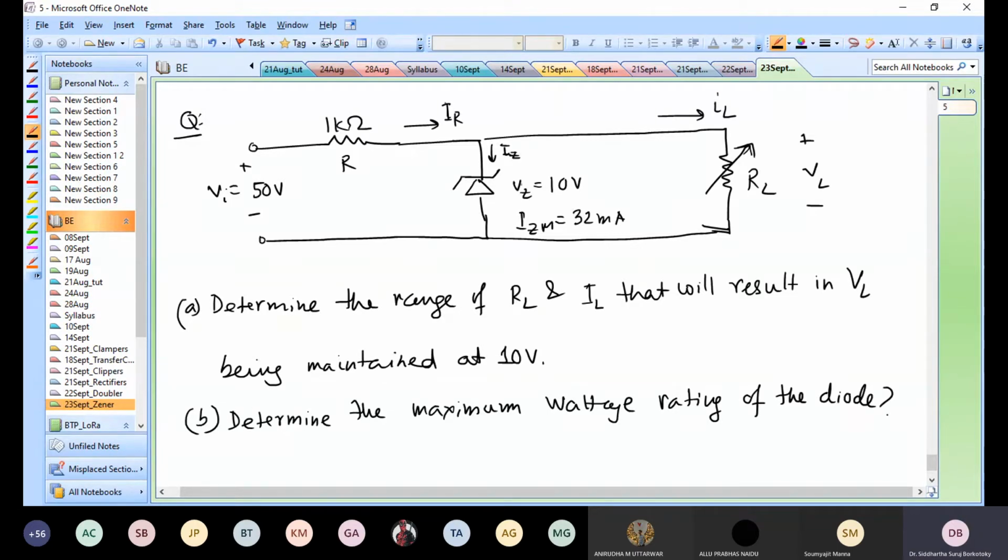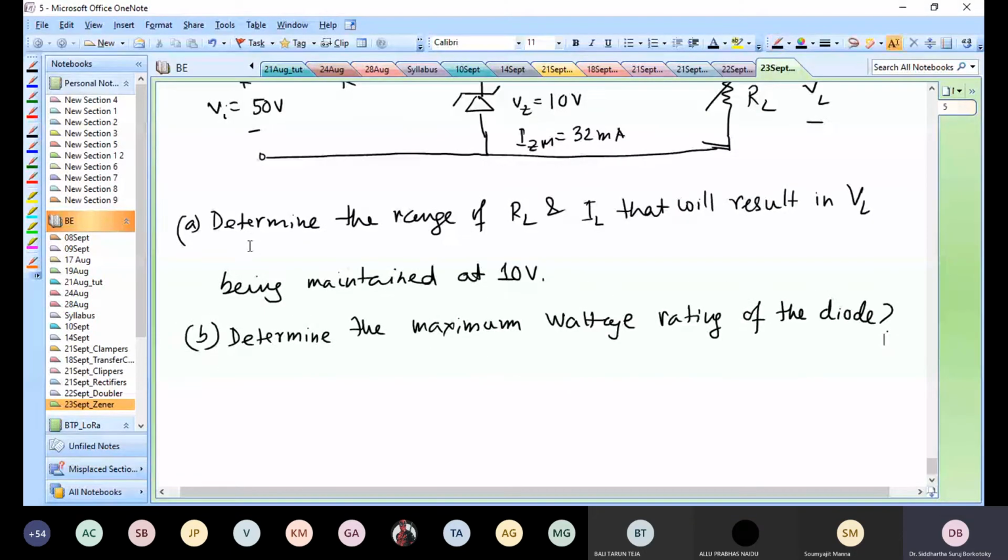Part B is very simple. Vz times Izm is the maximum, because the diode voltage is fixed at 10 volts when it's conducting, and the maximum current this diode will support is 32 milliamperes. Voltage times the maximum current is the maximum power, so 10 volts times 32 milliamperes is 320 milliwatts. That's your maximum wattage. So that part is easy.